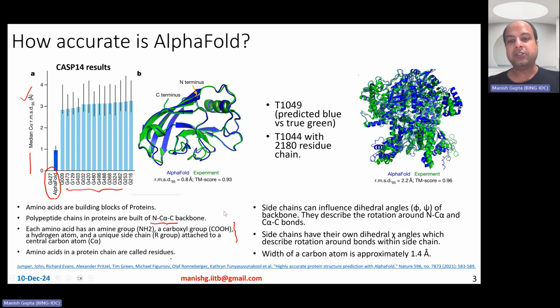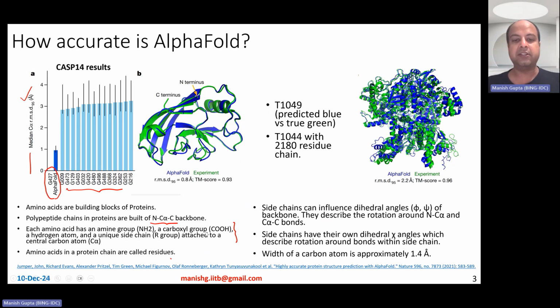So proteins are polypeptide chains. They contain multiple amino acids, and each amino acid has these groups where the main backbone is formed of N-C-alpha-C, and then there are side chains.